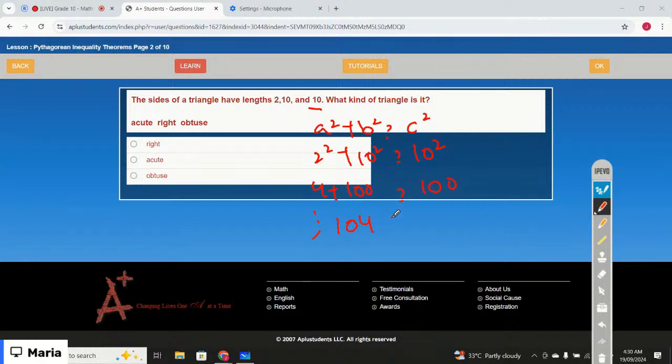That is 104. 104 is greater than 100, right?